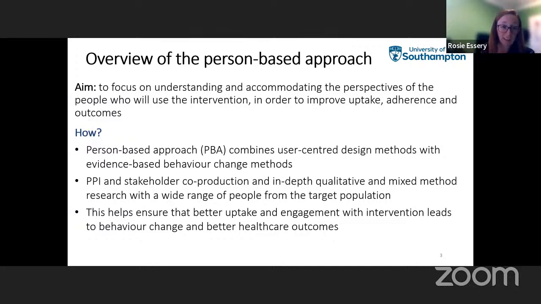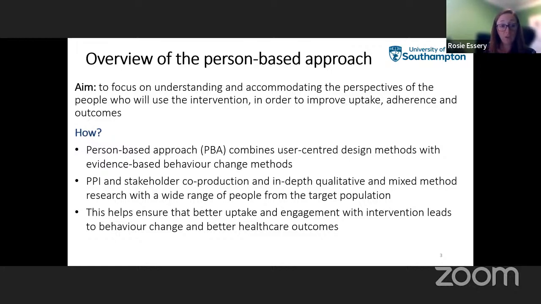And by doing this, in turn, it's likely to improve engagement with your intervention, adherence to the advice that it's giving. And so ultimately, this should lead to greater target behaviour change and so hopefully better health outcomes. And the way the person-based approach tries to do this is by drawing on a combination of different approaches.